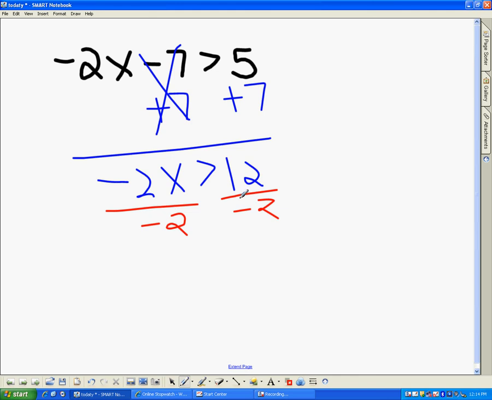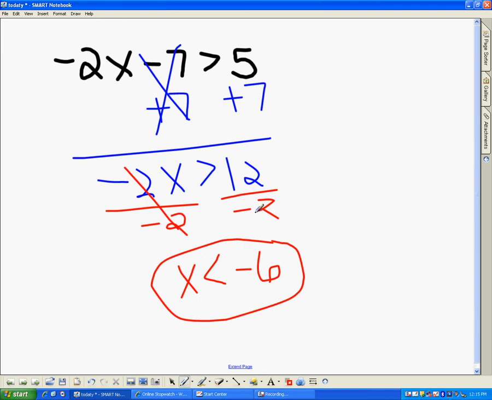And because I'm dividing by a negative number, that means I'm changing the direction of my inequality. So it's going to be x is less than negative 6, because 12 divided by negative 2 is negative 6.